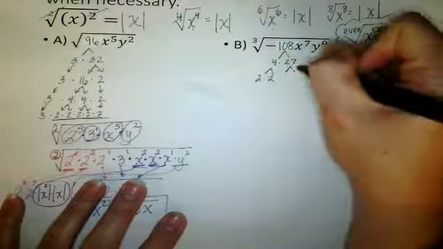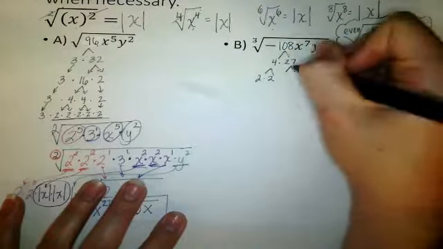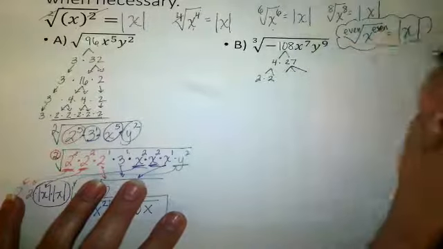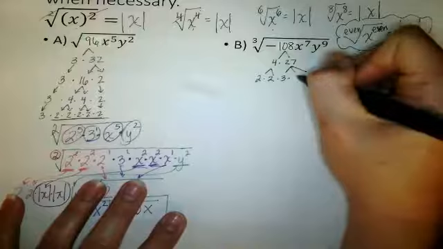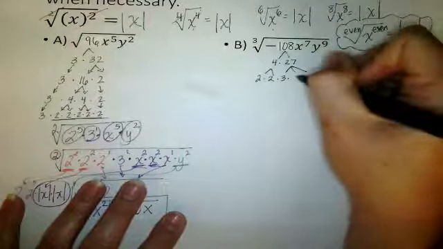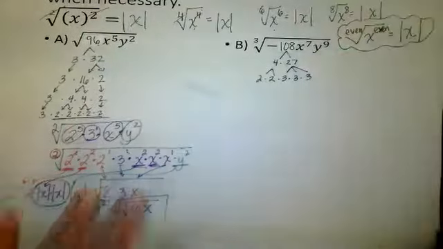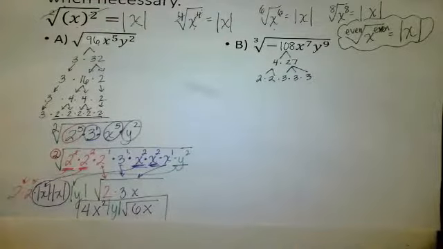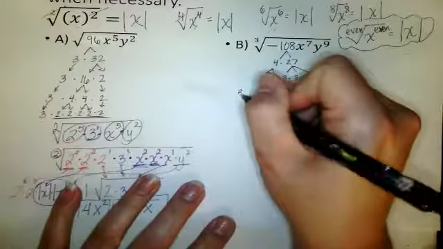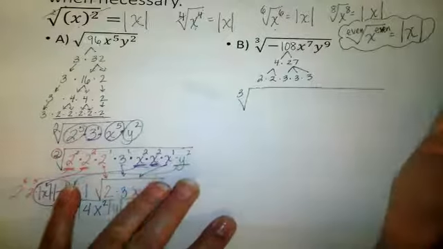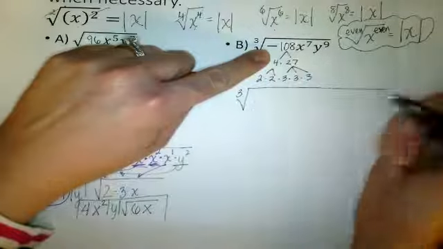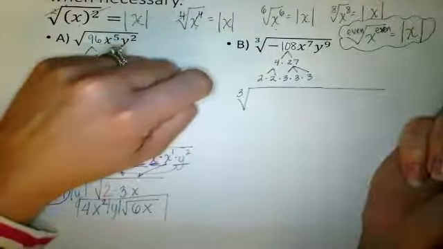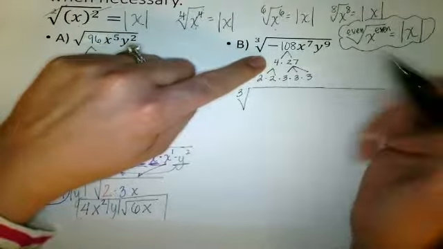And what does 27 break into? 3 times 9. And 9 breaks apart into 3 times 3. Okay, so 27 is 3 times 3 times 3. And so my index is 3. All right, I have a negative.